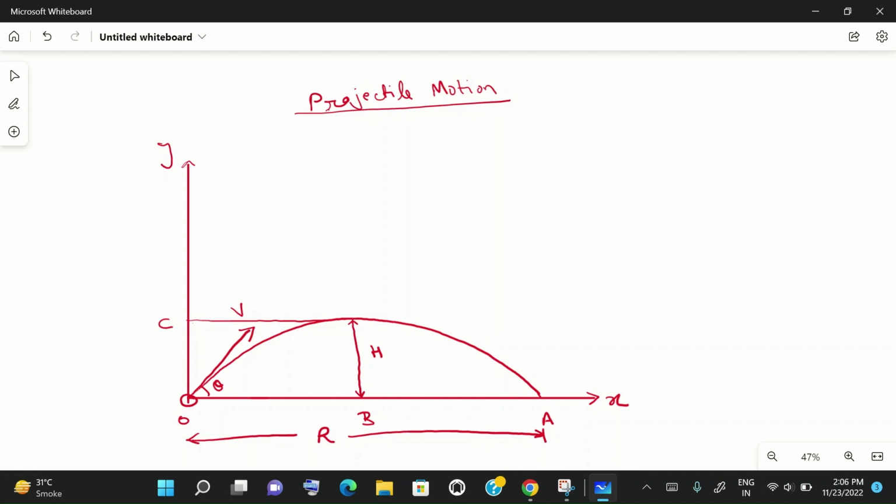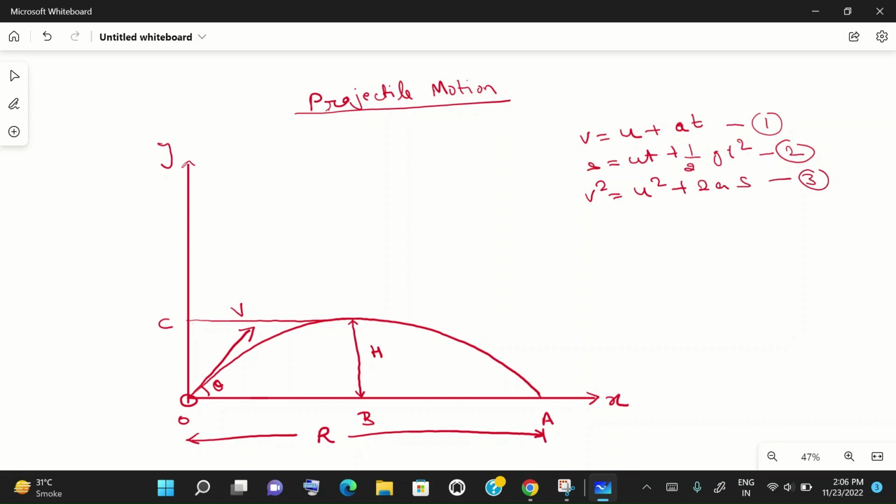First of all, we know Newton's laws of motion. We have three equations. First, v is equal to u plus at. Second, s is equal to ut plus half gt square, and third, v square is equal to u square plus 2as.